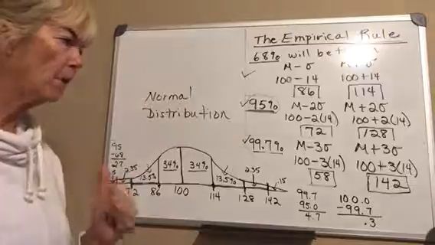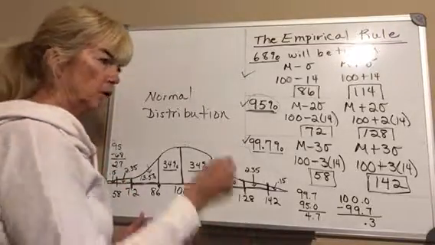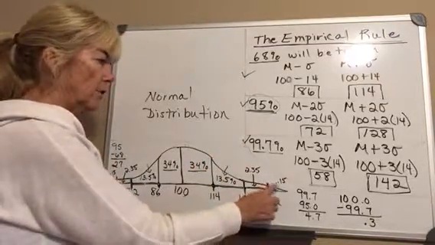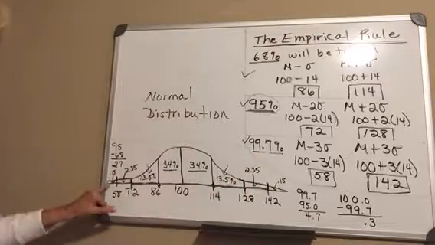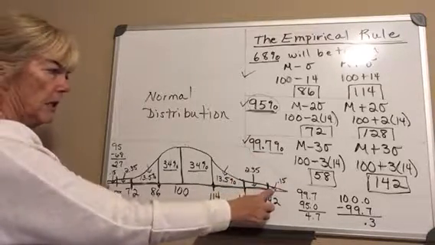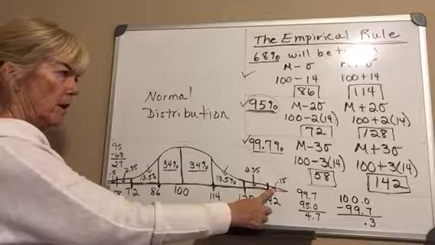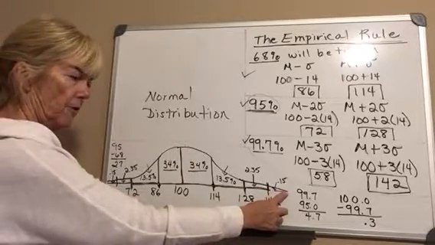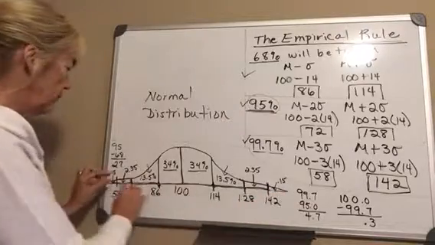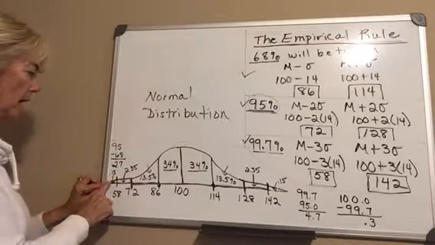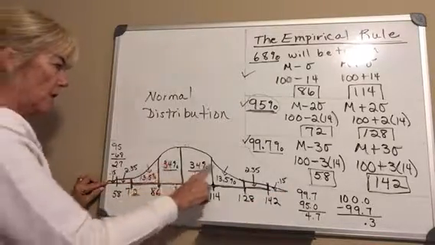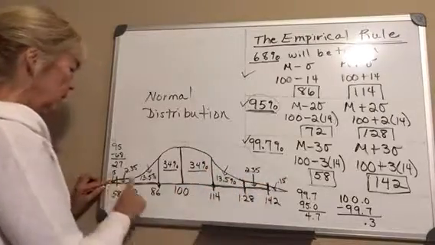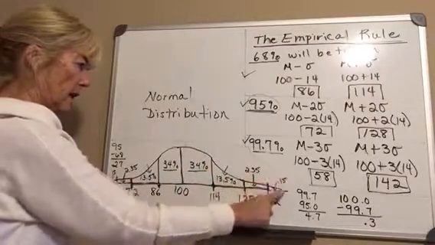If you have 0.30, you get 0.15% and 0.15%, which are these little tails right here. They didn't even ask us to figure those numbers, but if you added up all these numbers that never change, that would equal 100% of the normal distribution.